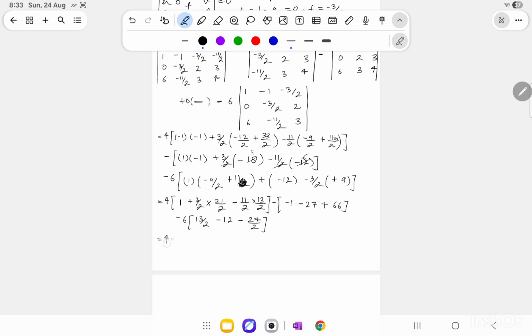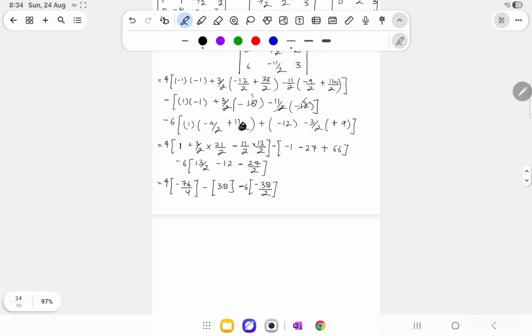So let's simplify it further and see what we get. We'll get 4 plus 3 into 21 minus 11 into 13, that is basically minus 76 by 4, minus of 66 minus 27 minus 1, that is basically 38, minus 13 minus 24 minus 27, which is minus 6 into minus 38 by 2.